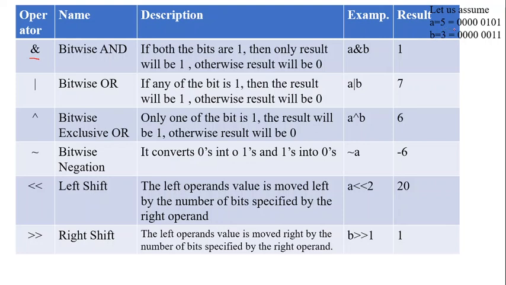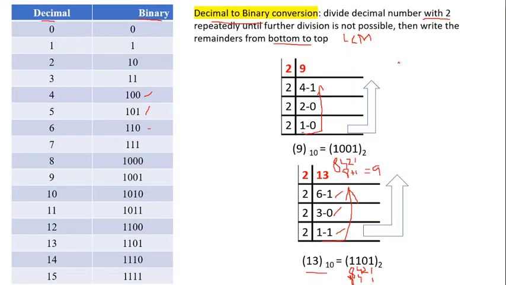Whatever number we give, the computer converts it into binary format. 5 equivalent binary is 101. 3 equivalent binary is 11. I have already shown this. That's what I am considering.